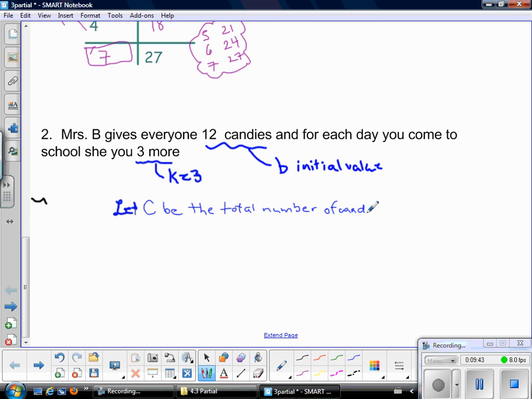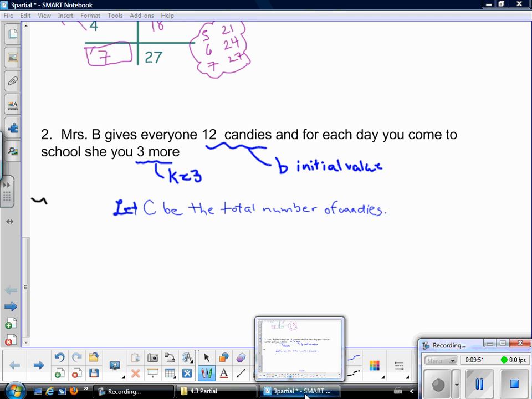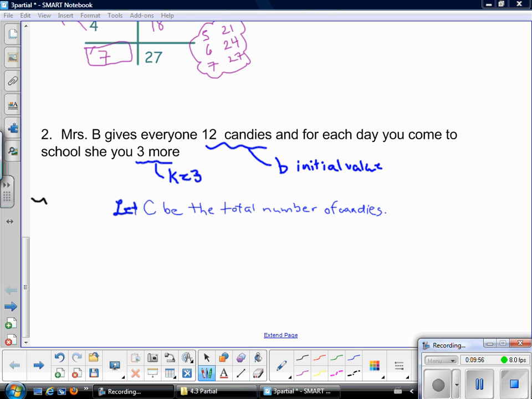And then we have to talk about days, because obviously every day you're going to get 3 more. So how about we do D for days? That makes sense. Let D be the number of days.